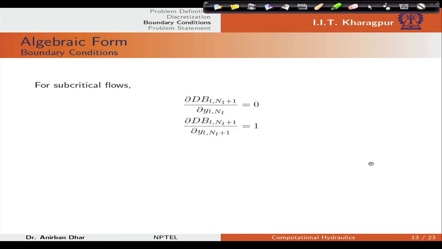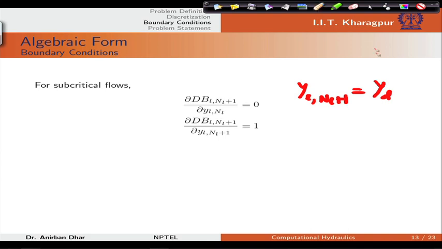Now for subcritical flow, we have seen that the condition is y L n L plus 1 should be equal to y d.